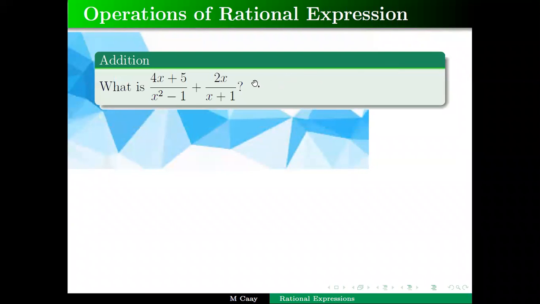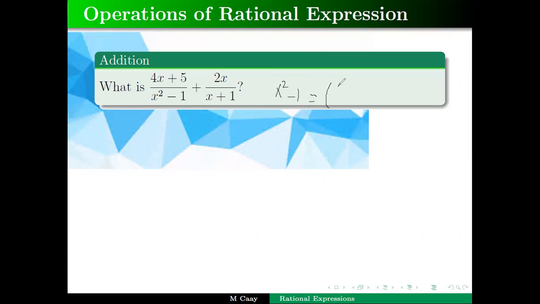So let's do another example here. Let's consider the addition of 4x plus 5 all over x squared minus 1 and 2x all over x plus 1. So again, we'll have to do it this way. Let's get first the LCD here. You have x squared minus 1.